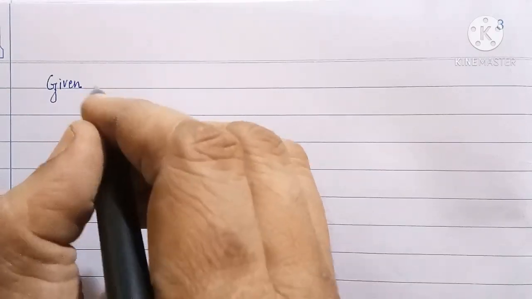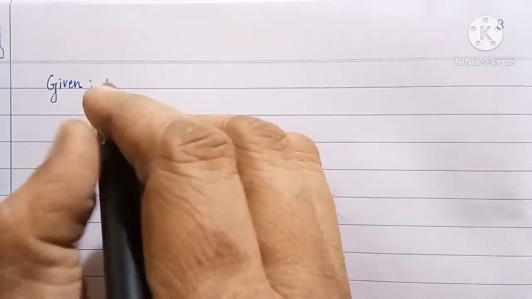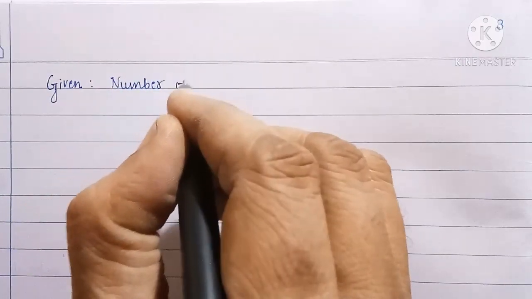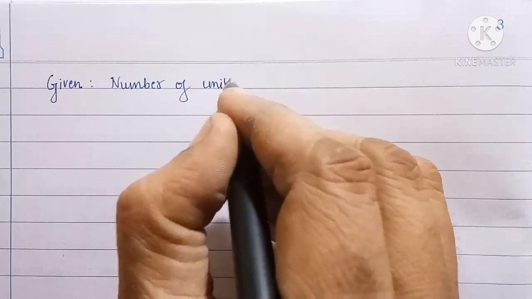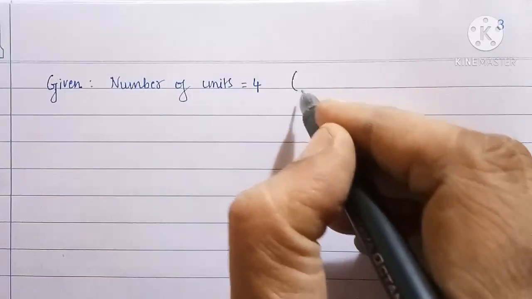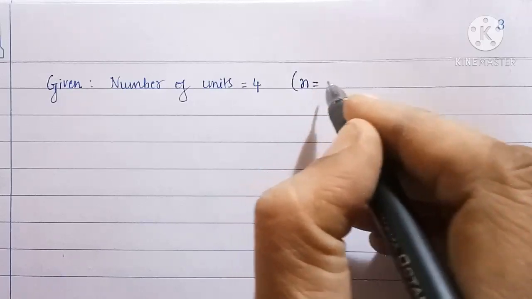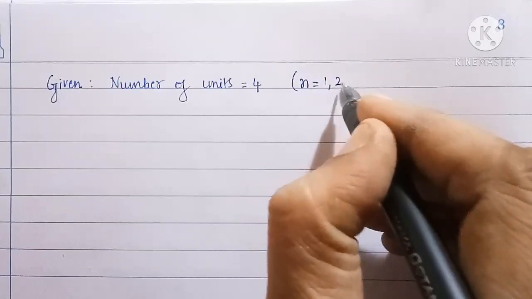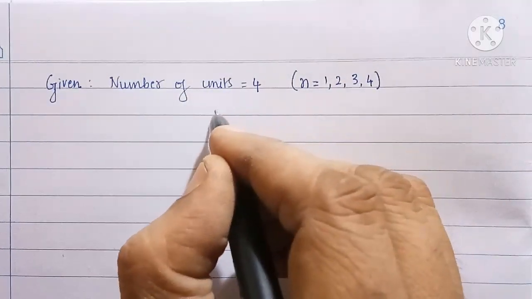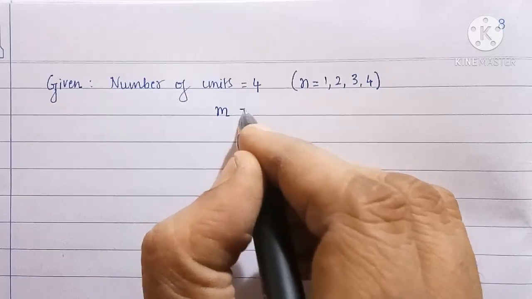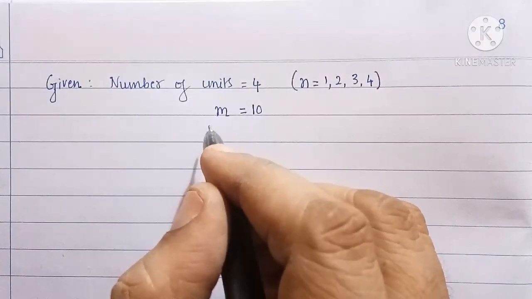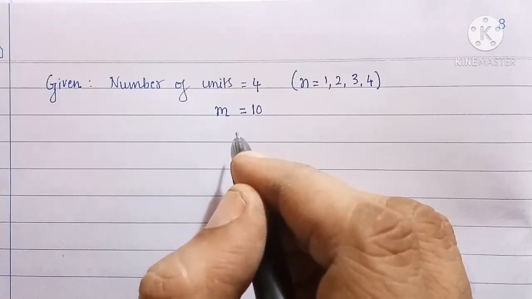Given: number of units equal to 4, that is n varies from 1 to 4. M is equal to 10. We have to find out the voltage across each unit.